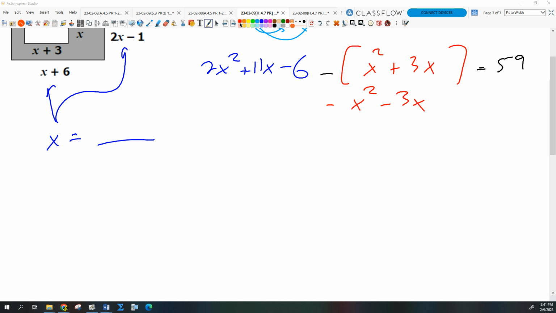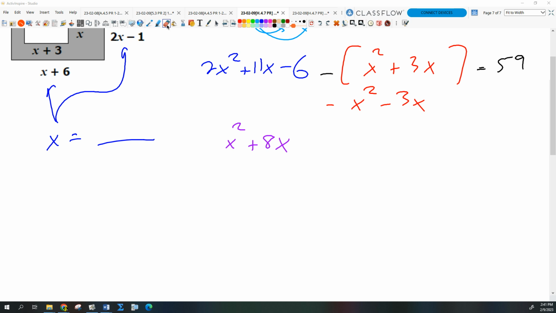If I distribute the negative, that gives me minus x squared minus 3x. So I could combine like terms and get 2x squared plus 11x minus 3x is plus 8x. Oh, whoops, I didn't combine the x squareds. 2x squared minus x squared is just x squared.